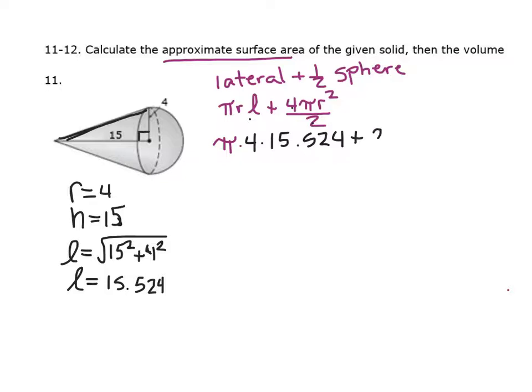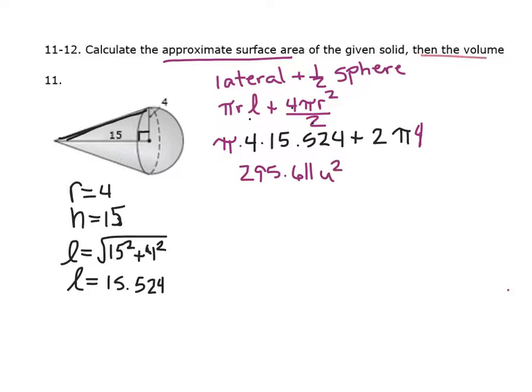So it's just 2 pi, and then the radius is 4. It's approximate, so we can go ahead and round. So we type all that fun stuff into the calculator, and you should get a surface area of about 295.611, and this would be units squared.